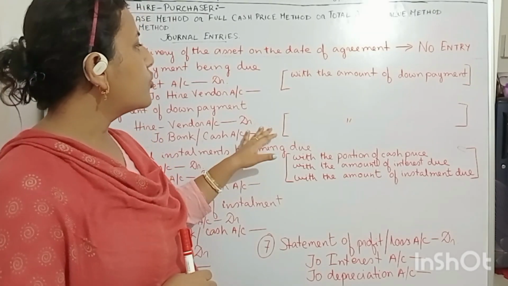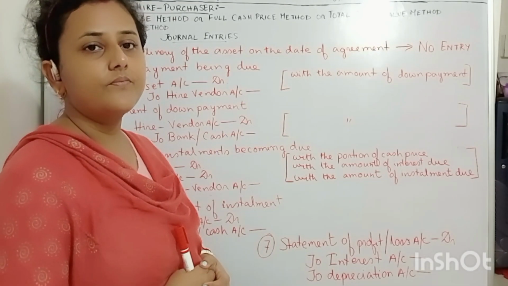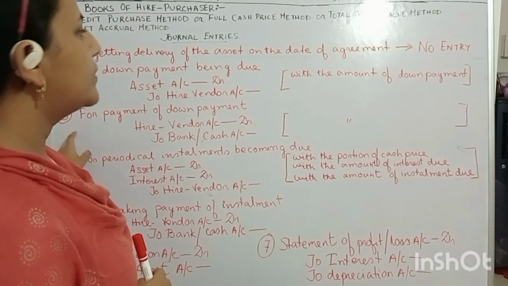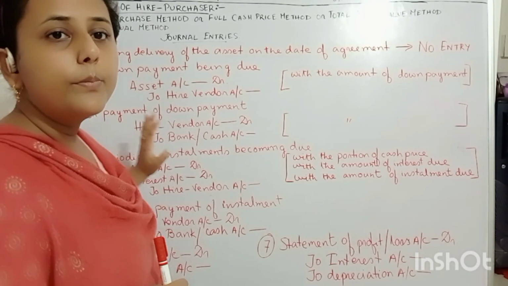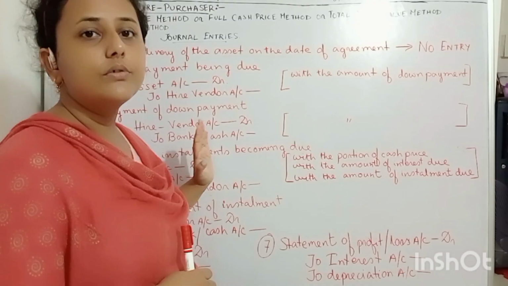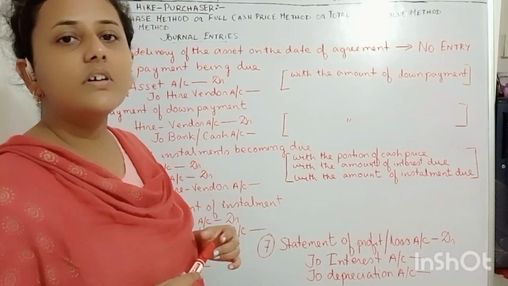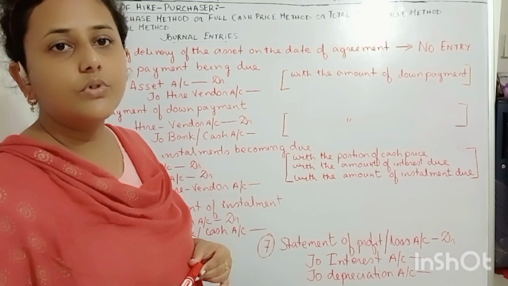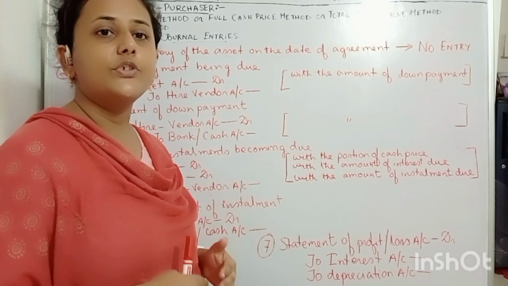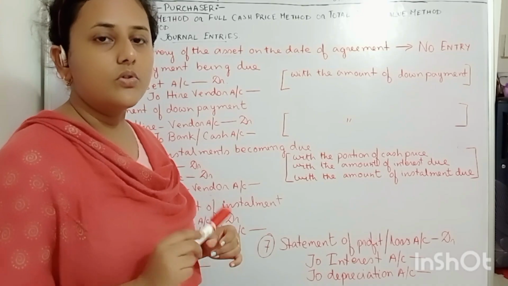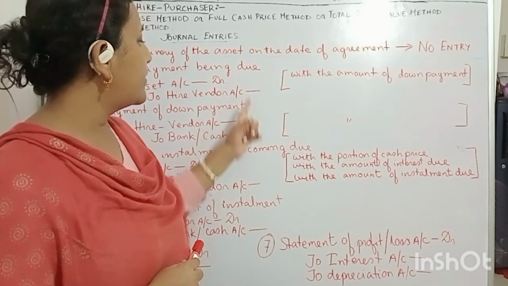These three entries, number 1, number 2, and number 3, are recorded on the very first date, that is, when the hire purchaser enters into the hire purchase agreement. On signing the agreement, these 3 entries are passed.